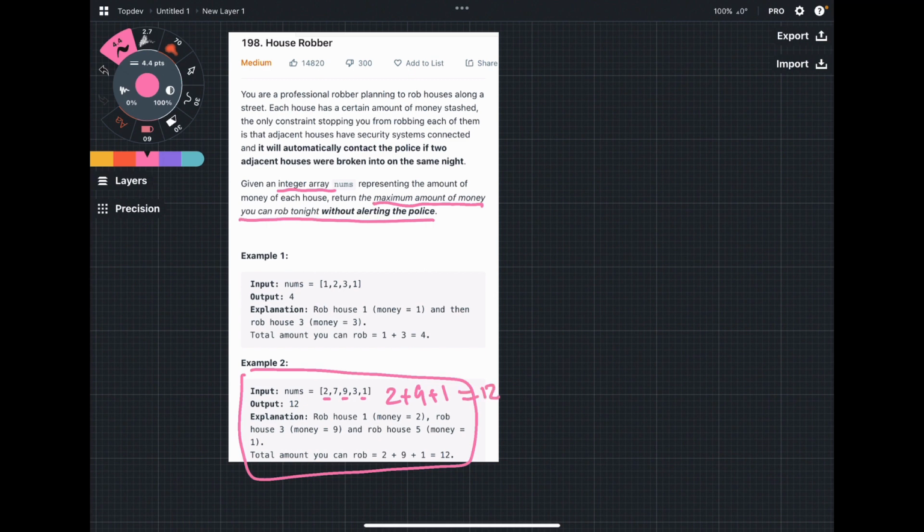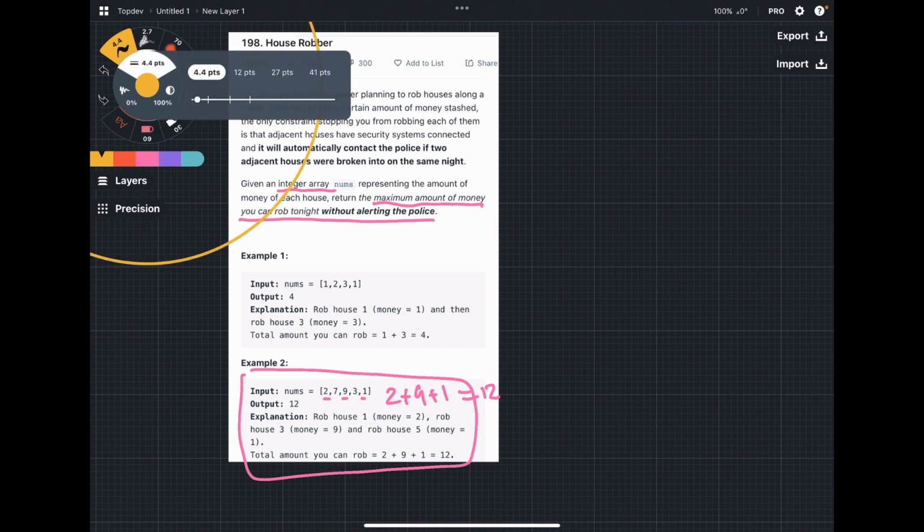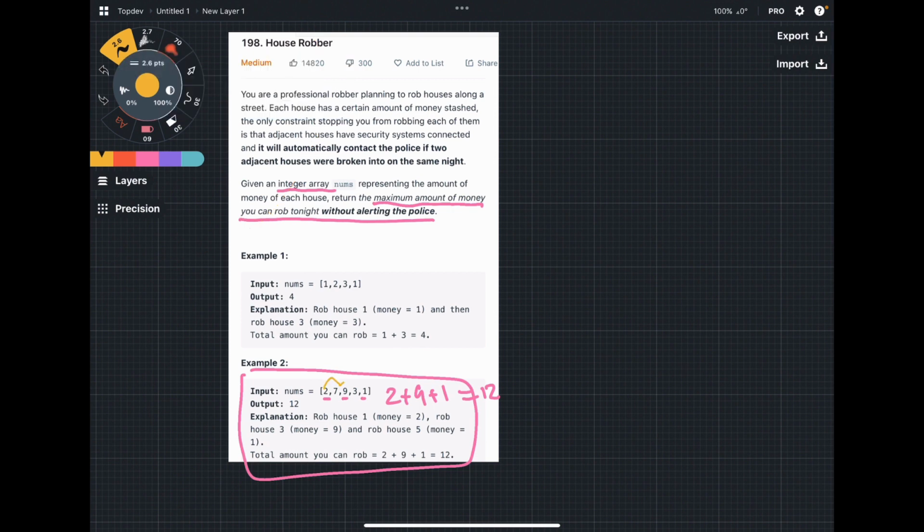And so the total amount that you can rob is 12. So that means you can only rob houses that are not next to each other. They can't be next to each other in this case. They have to be apart in the system, in the array.